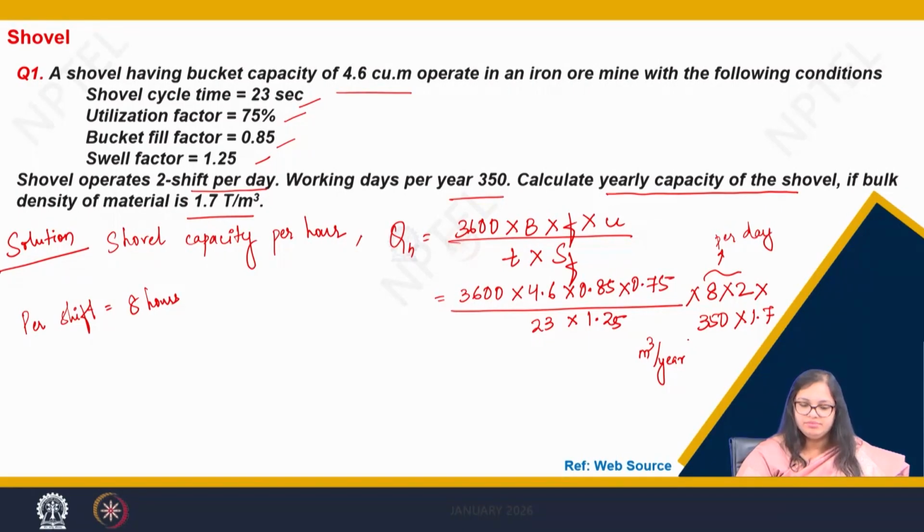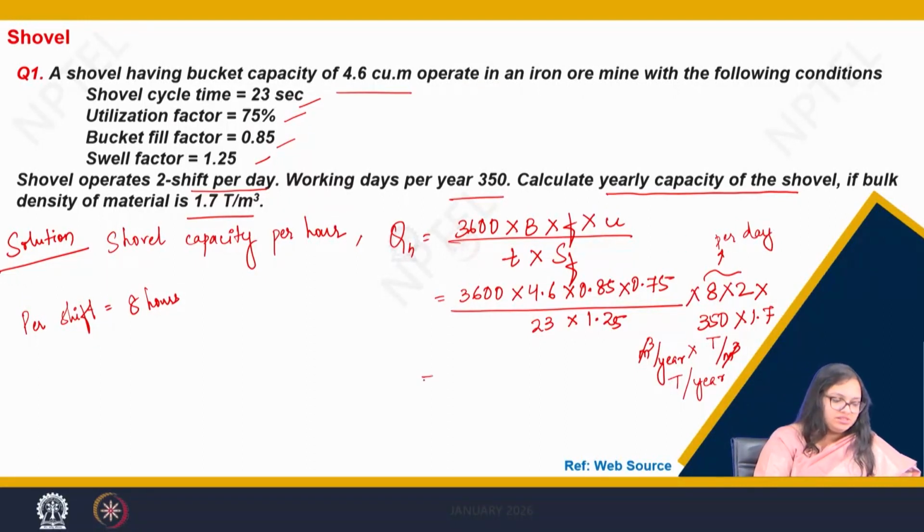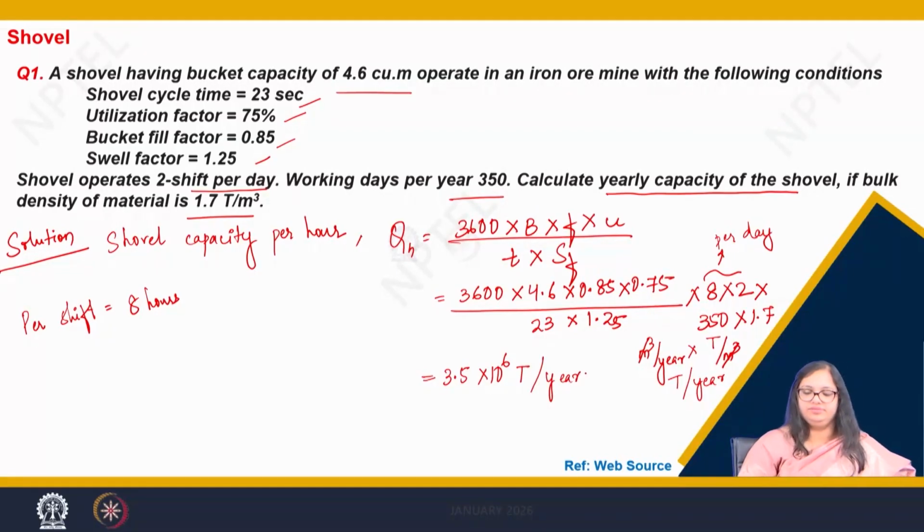So if we multiply this, this gives me ton per meter cube. So meter cube cancels. So my unit is now ton per year. So my answer here is around 3.5 into 10 to the power 6 ton per year. So this is how we solve for the shovel capacity.